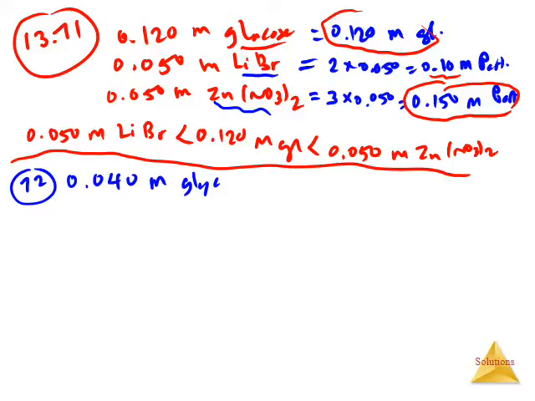And then we have 0.020 molal KBr and 0.030 molal phenol.